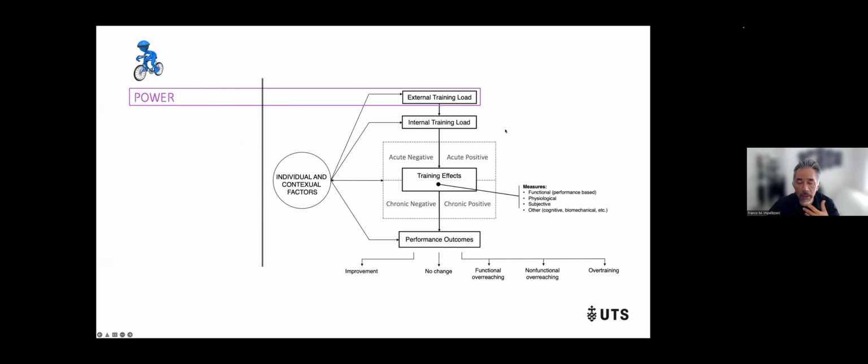These are really just examples. The reason why I indicated power is not because power is the best indicator of external load. Power in this example is how the coach designed the training. The training was designed by suggesting the power that the cyclist should reach during the training, and that's why power is my major reference measure.